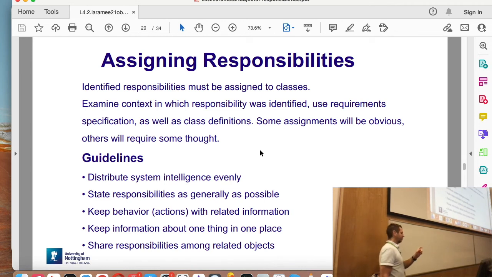Usually the classes and the responsibilities will be in the same sentence, right? Because sentences have nouns and verbs, right? The nouns correspond to objects. The responsibilities correspond to verbs. They're usually in the same sentence, so they're usually already associated with each other in the natural language.